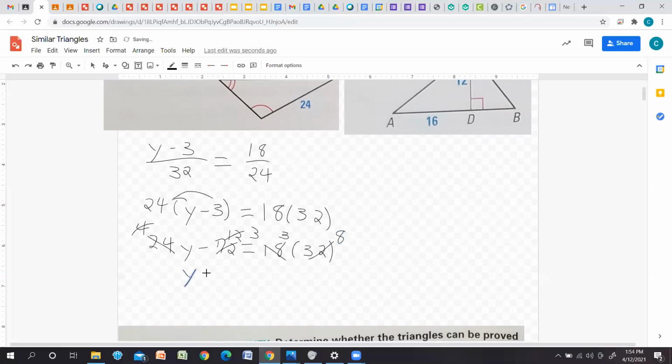So then we're left with y minus 3 equals 3 times 8, right? 3 times 8 is much simpler than 18 times 32. So y minus 3 equals 24. Then we add 3 to both sides, and we get 27 for our answer.